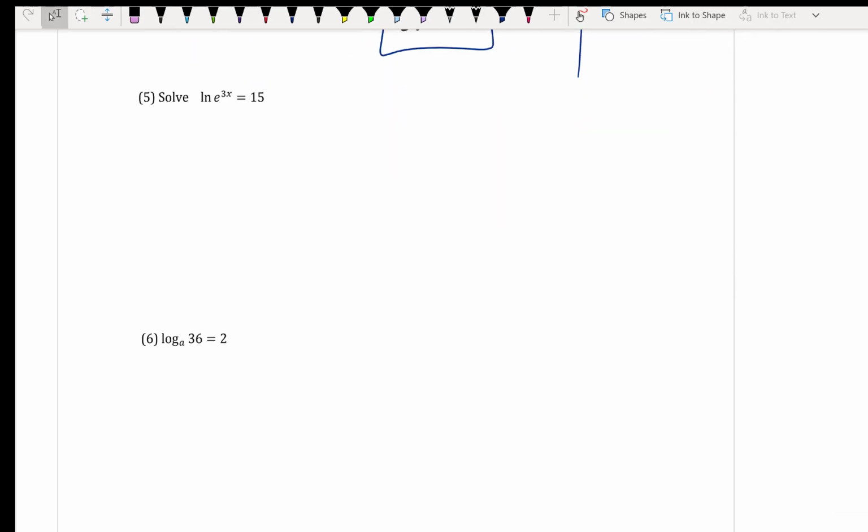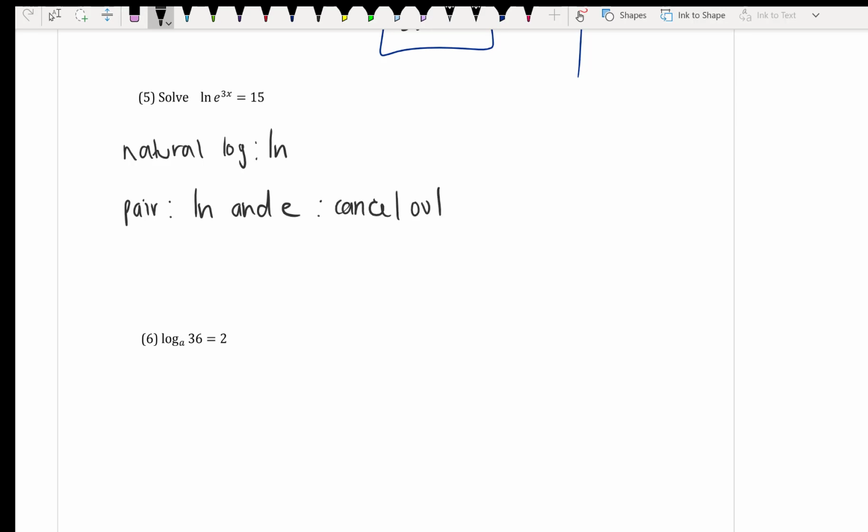Now for number 5, which is really different here, whenever you see natural log and e, they actually cancel out. Natural log is ln. So when you see the pair of ln and e, you know that they are going to cancel out.